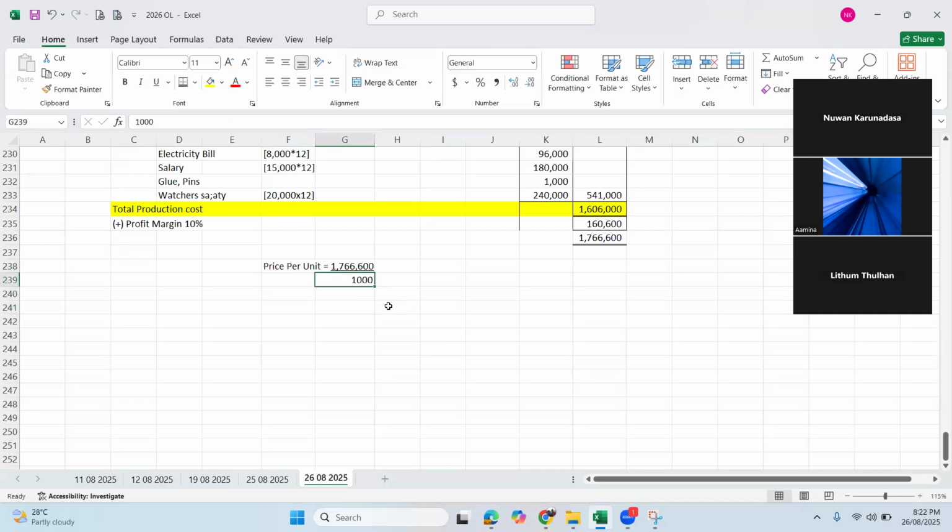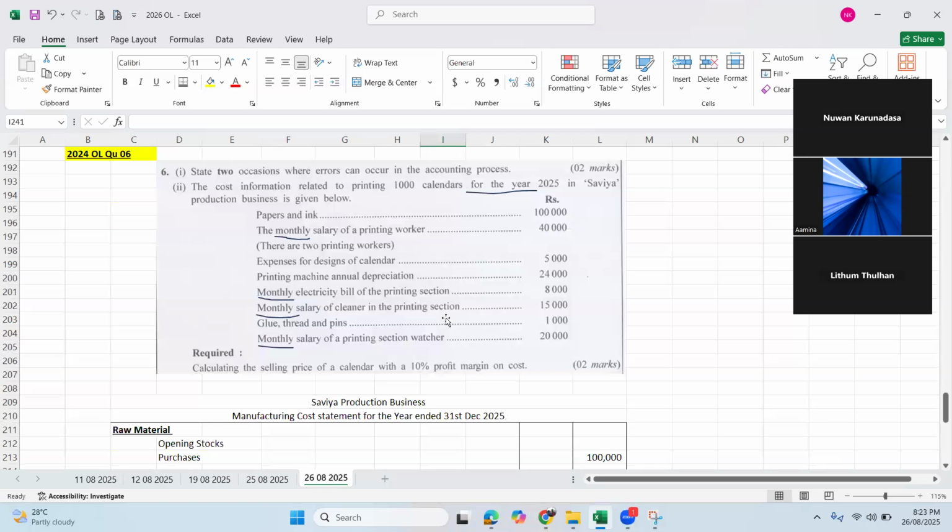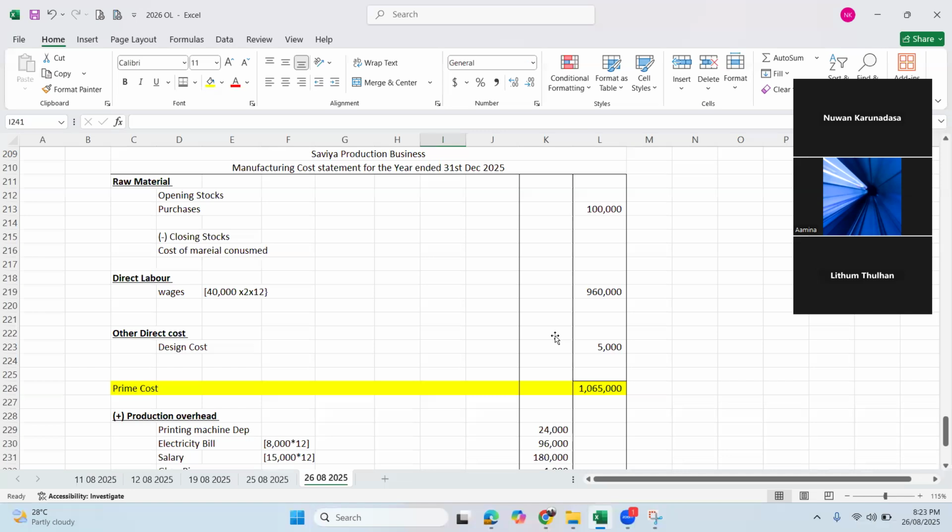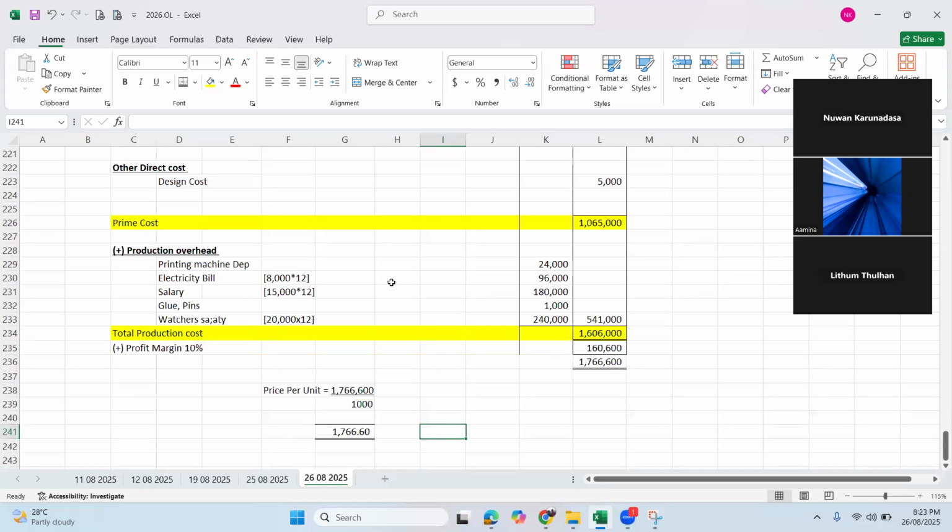They have made 1,000 calendars, so the answer is this divided by 1,000. It's 1,766.60. This is the answer. Calculate the selling price of a calendar with a 10% profit margin. See, even though it has only 2 marks, there are a lot of things to be done. It takes time.